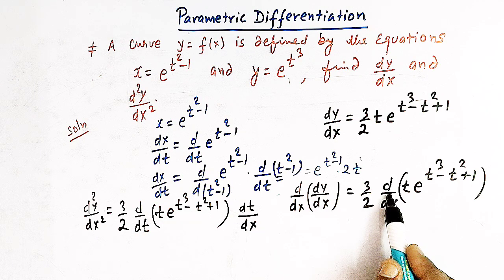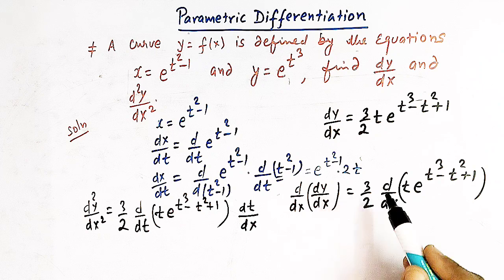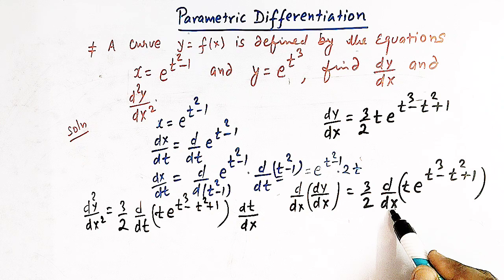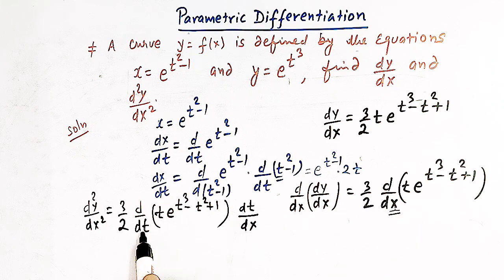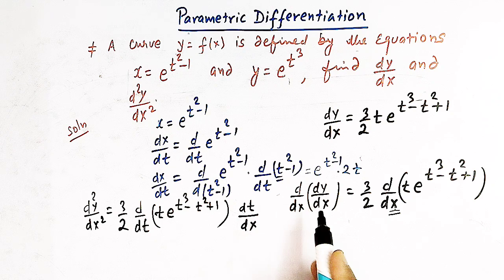So what we have done here, to get the second derivative, we have 3 by 2 d by dx of the product of these two functions. Now here we have x. So we'll differentiate this function of t with respect to t, and then by chain rule we have dt over dx, right?